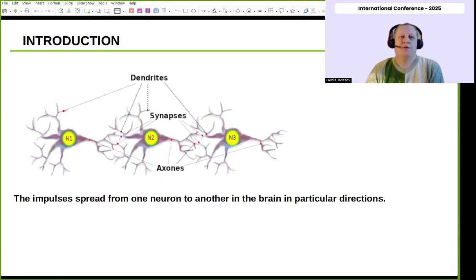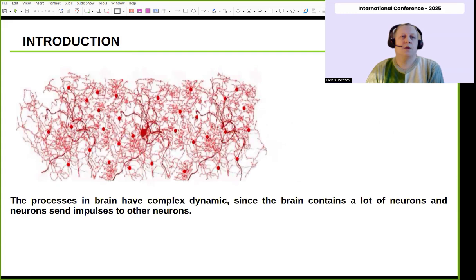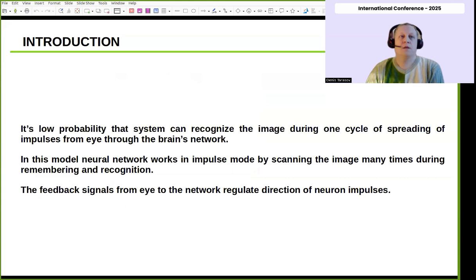The impulses spread from one neuron to another in the brain in particular directions. The processes in the brain have complex dynamics, since the brain contains a lot of neurons, and neurons send impulses to other neurons. And there is a low probability that the system can recognize the image during one cycle of spreading of impulses from the eye through the brain's network.